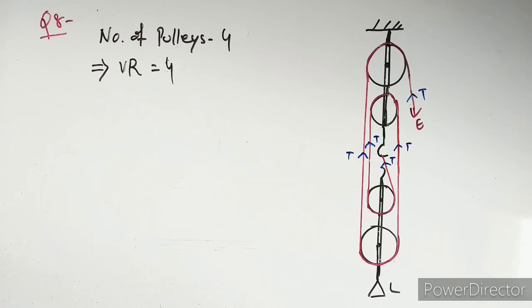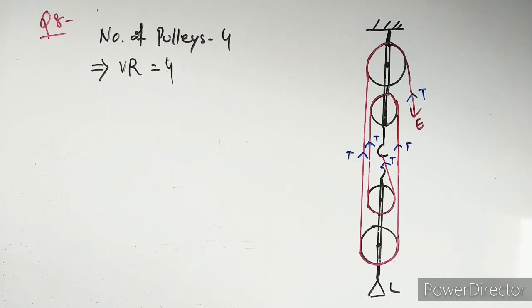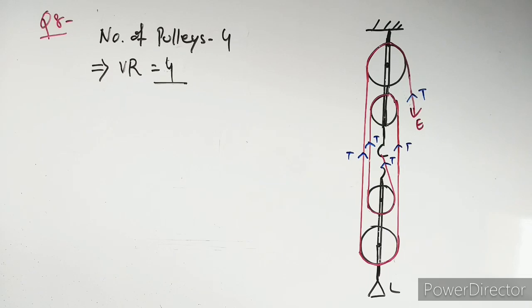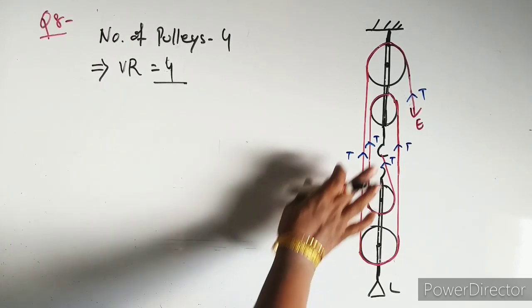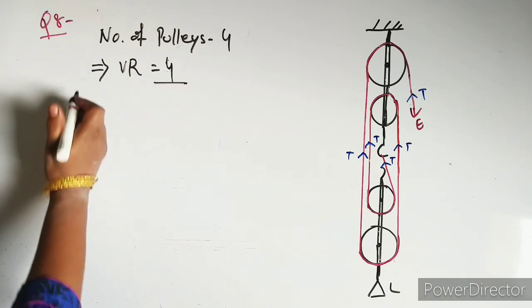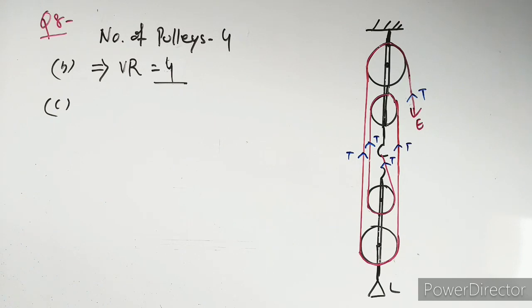Now let us read the question. The system has 4 pulleys, so obviously the velocity ratio becomes 4. Draw the diagram. It is over, tension, everything we have shown. Velocity ratio equals 4. This one is the B bit. And what is the C bit? It asks how the load and effort of the pulley system are related.